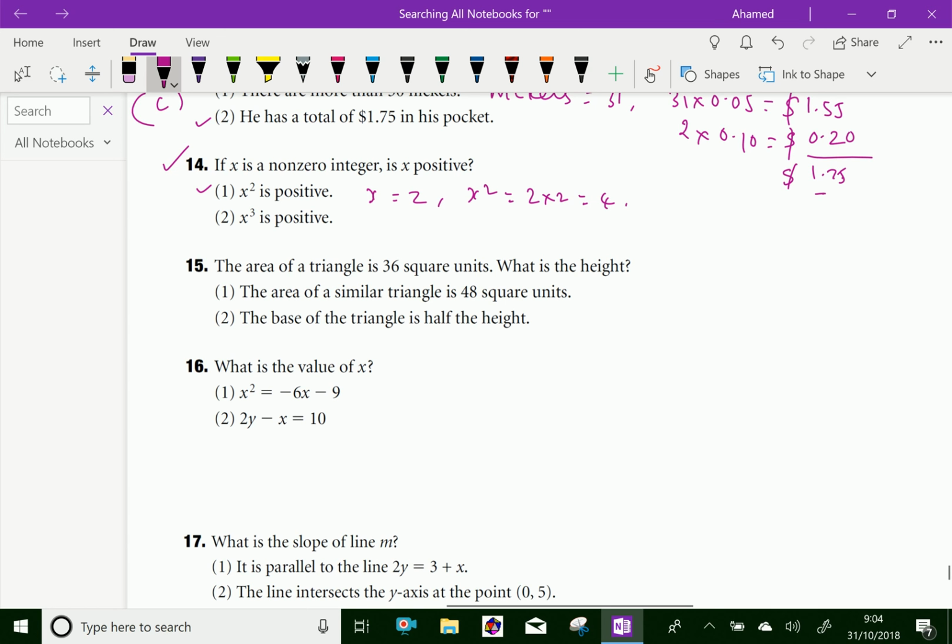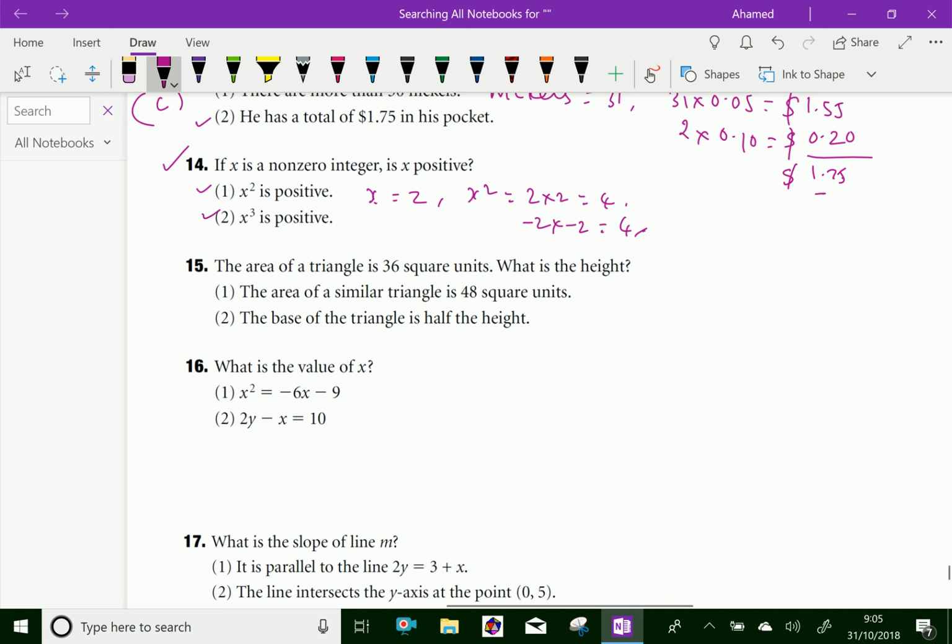X square is positive now, but x can be minus 2 also, since minus 2 into minus 2 is also 4. Here x square is also positive, but we are taking x as negative, but we cannot take x as negative, so option A is not possible.